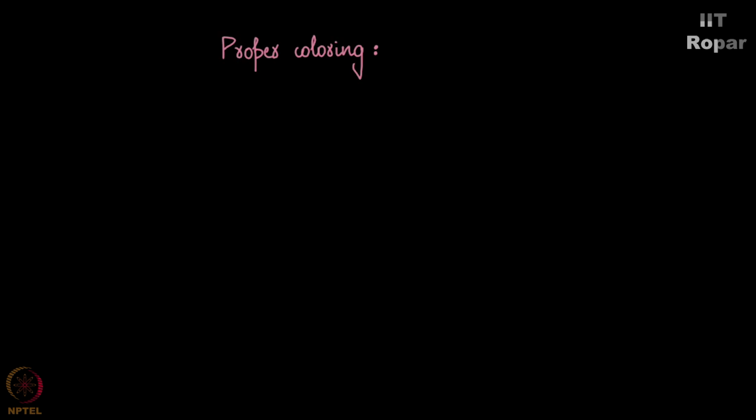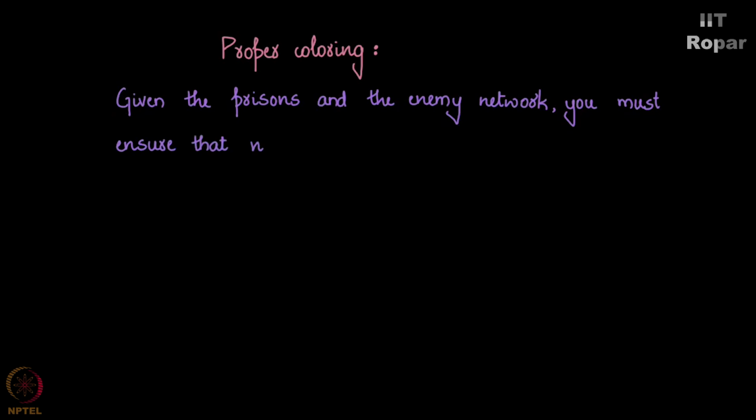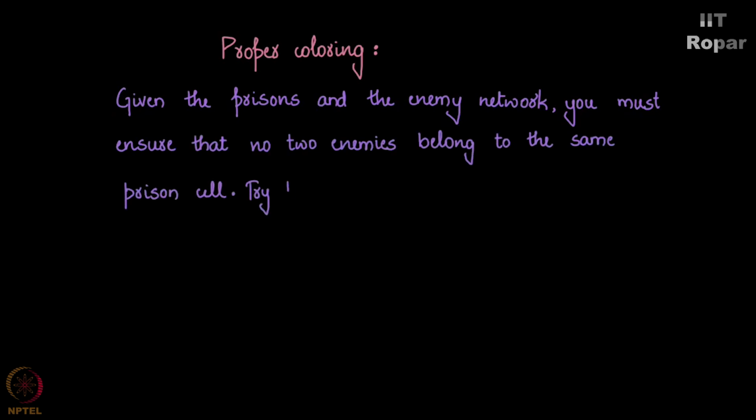Don't you think this is precisely what we have been discussing with the prisoner's question? It is exactly the same, as you can see. Correct? So I repeat, given these prisoners and given the enemy network, you must ensure that no two enemies belong to the same prison cell. Can you minimize the number of cells and try to figure out who should be assigned to what prison number so that no two enemies come in the same prison?